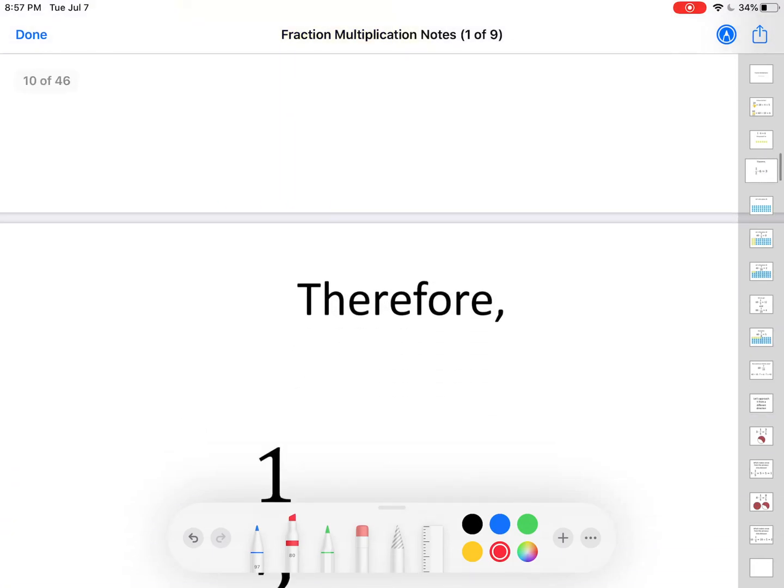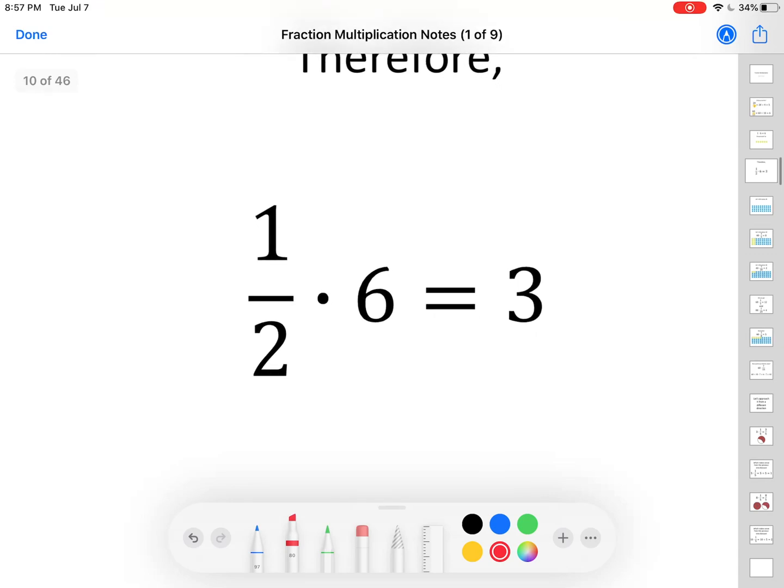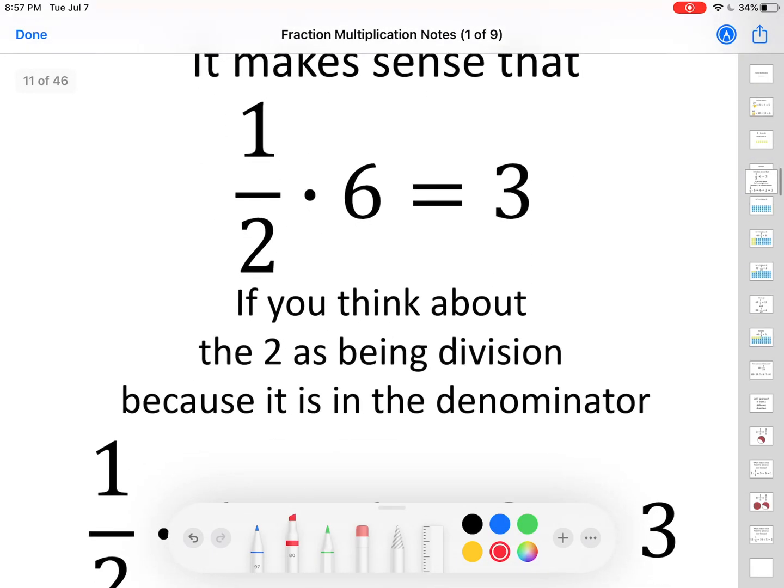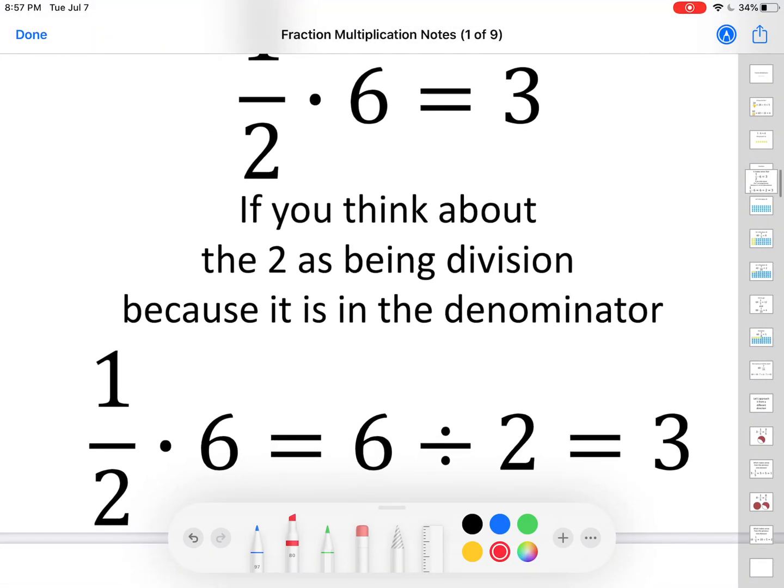It's 3. Therefore, 1/2 times 6 is 3. Well, that makes sense. Because 1/2, isn't the 2 in the denominator? Therefore, we should be dividing it. So 1/2 times 6 is equal to 6 divided by 2, which is 3.